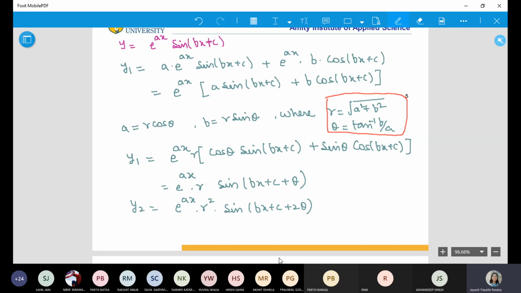Are you able to correlate and comprehend? r will remain as it is. Now you are differentiating e to the power ax sin(bx plus c plus theta). So you will get one more r and you will get one more theta here. This is the output. Accepted?